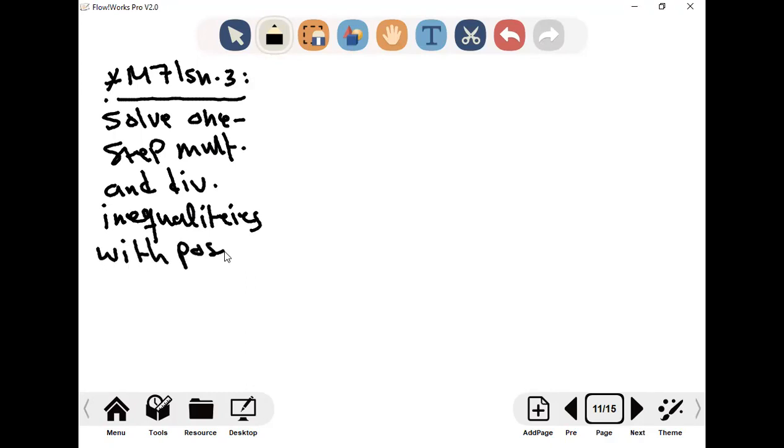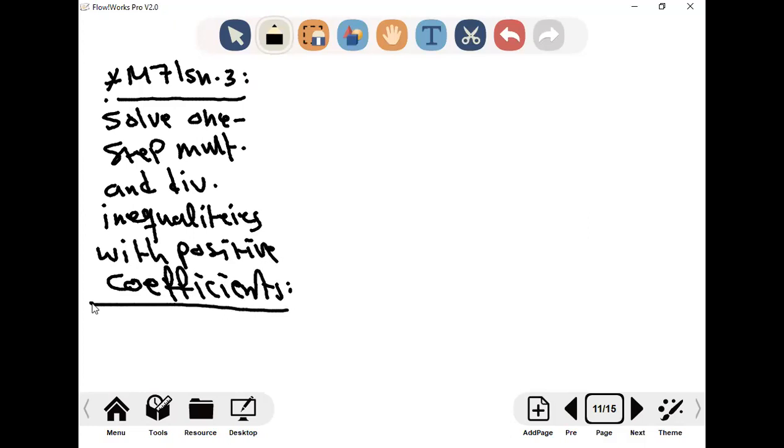Positive coefficients, right? We are on page 351, and today is 21 December.